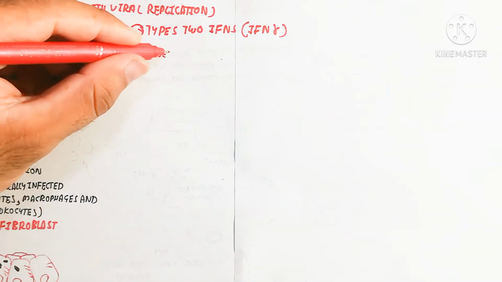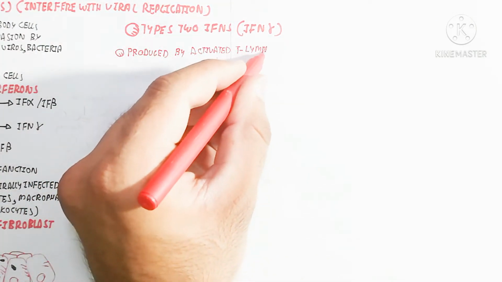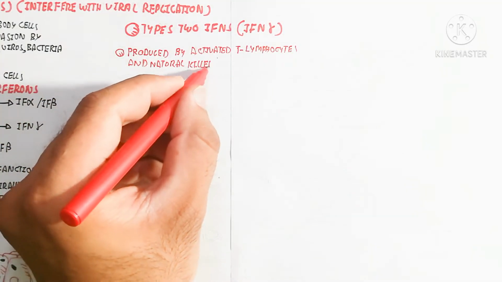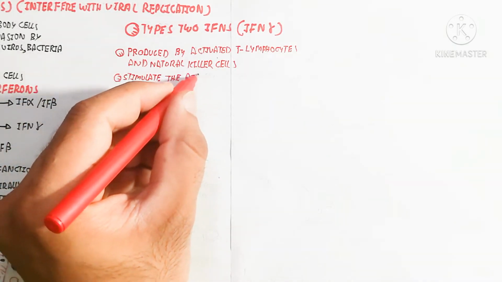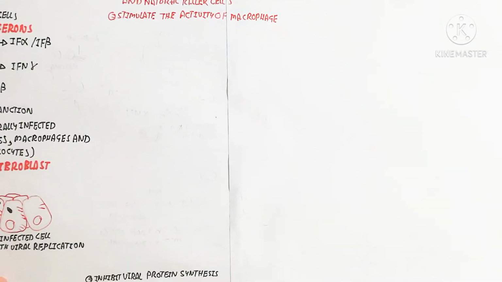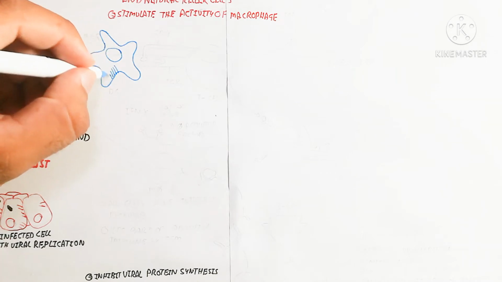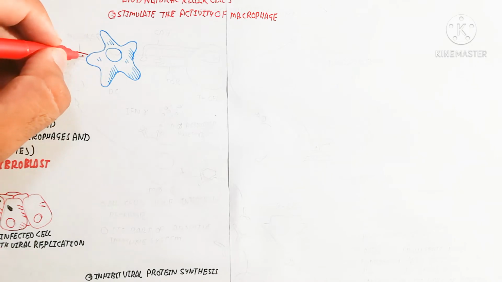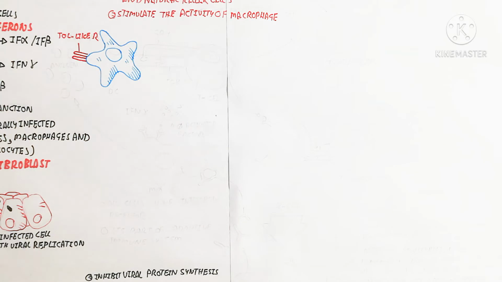Here is type 2 interferon, interferon gamma, which is produced by activated T lymphocytes and natural killer cells. It stimulates the activity of macrophages, so it stimulates the innate immune system and also stimulates the adaptive immune system through the proliferation of T helper cells and cytotoxic T cells.